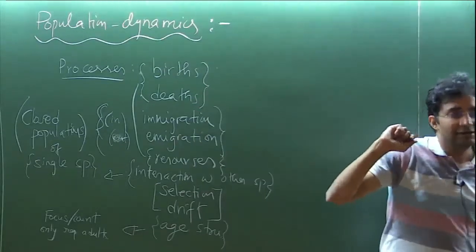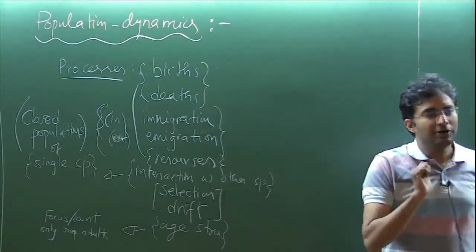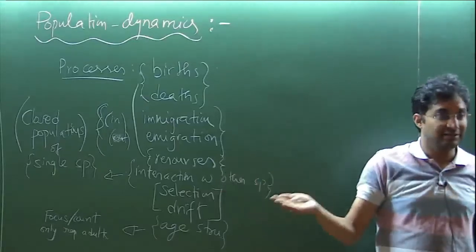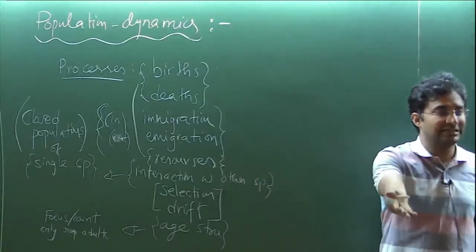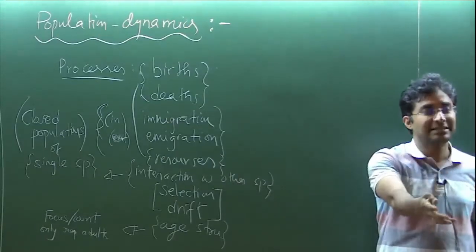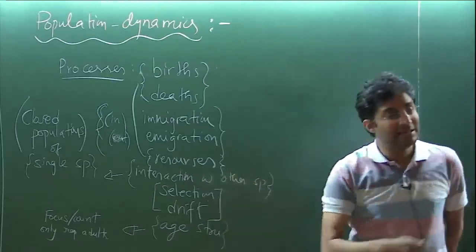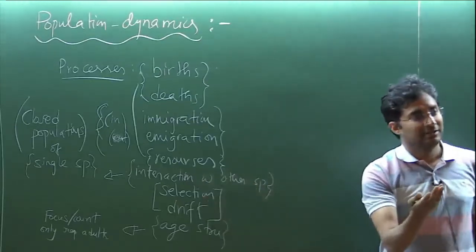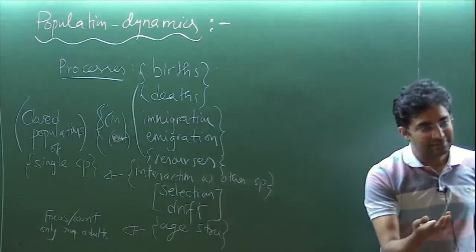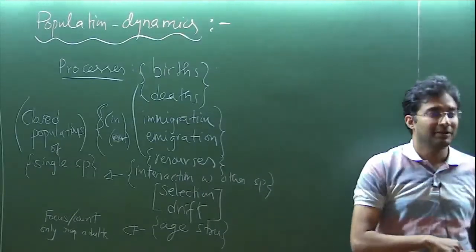Now when you say selection, it's an insufficient thing to say, primarily because so many factors drive selection. Resources also drive selection, right? If the resources are limited, there is again a selection because of competition. And for example, cannibalism also drives selection. The moment there is cannibalism, individuals will develop many other strategies to evade cannibalism.